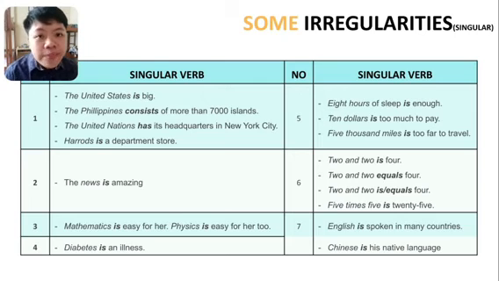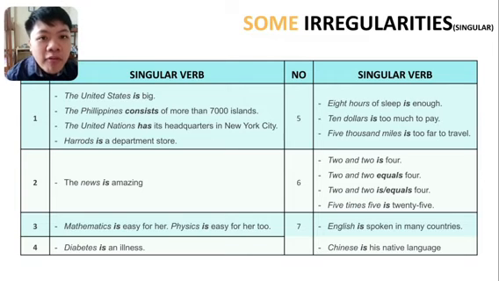Number 3, mathematics is easy for her, physics is easy for her too. For fields of study that end in ics, they are considered singular, so they use a singular verb, like mathematics and physics.